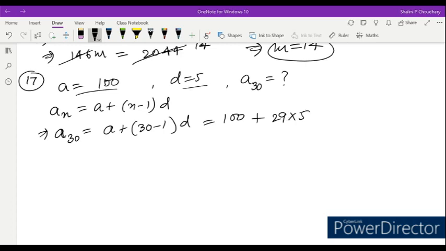Okay. So this will be 100 plus 29 into 5, which is 145, and that will be equal to 245. So this is the amount that the person will be paying in the 30th installment.